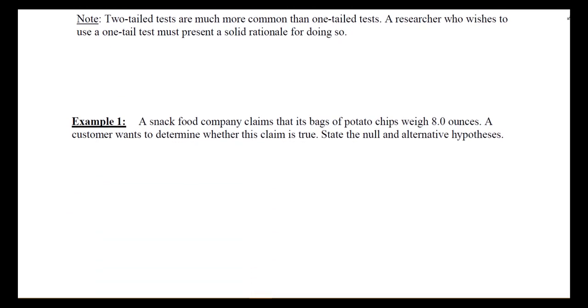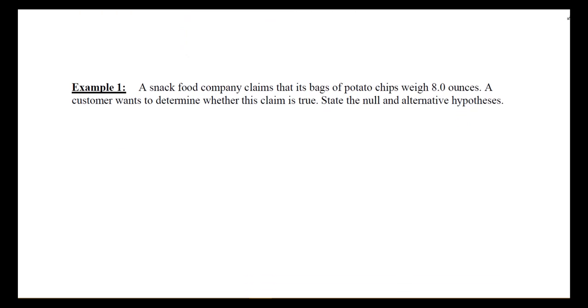All right, so let's see if we can write the hypotheses for our potato chip example here. So our claim by the manufacturer is that the bags of chips weigh 8 ounces each. So we want to figure out what the null and alternative hypotheses are if someone wants to test this.